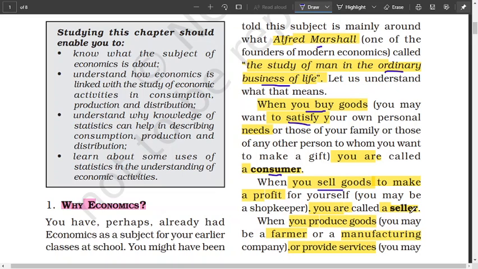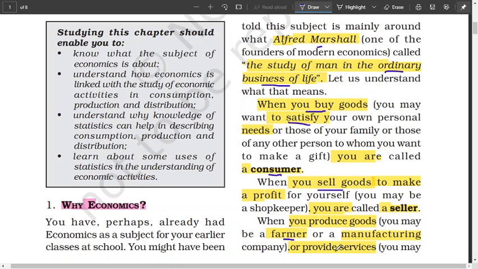So the seller by himself is not producing things. He simply sells what is being produced by others. So there are farmers who are producing agricultural products. There are manufacturing companies producing industrial products.